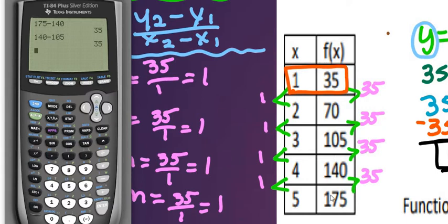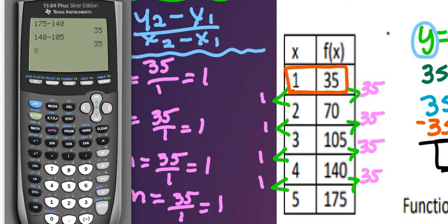And if I were to go up here and start at the bottom and go backwards and find the difference between each one of these, I see that my number is 35. If I start at the bottom, 5 minus 4 is 1, 4 minus 3 is 1, 3 minus 2 is 1, 2 minus 1 is 1.